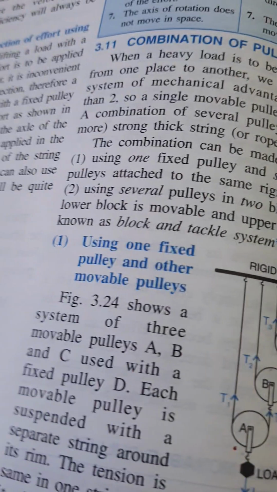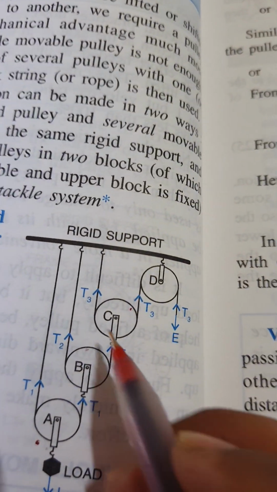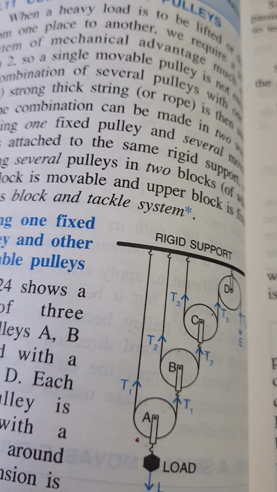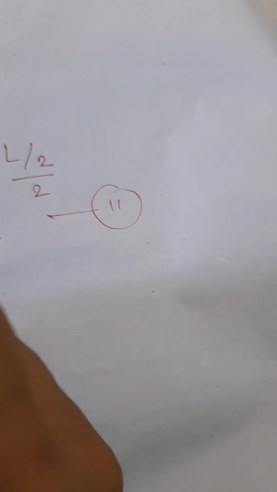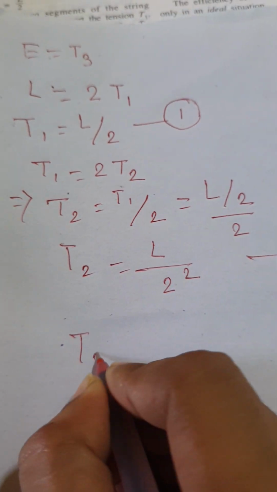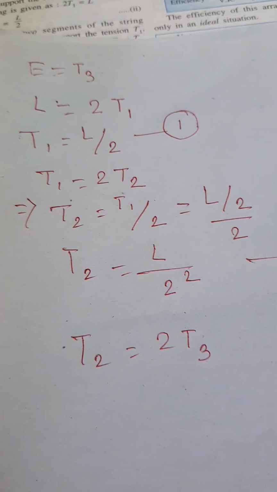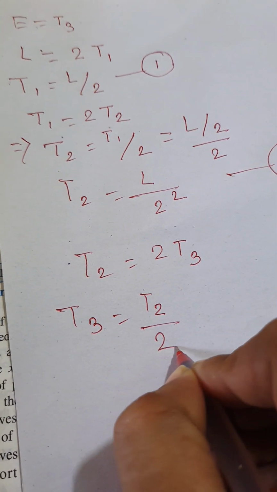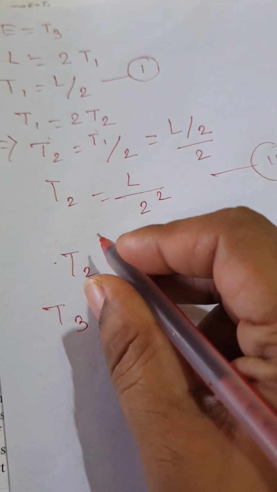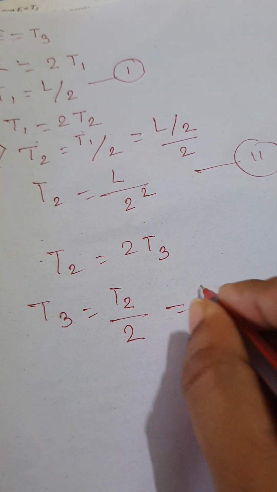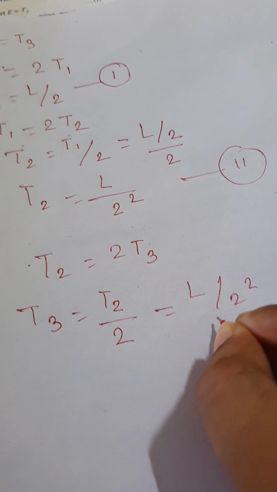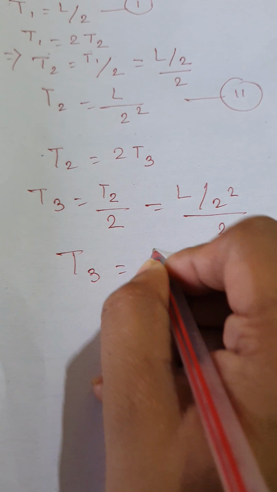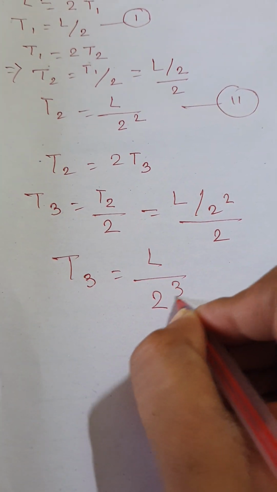Understood? After that you see T2 and T3: T2 is equal to 2T3, so T3 is equal to T2 by 2. From equation number 2 we got the T2 value, L by 2 square divided by 2, so T3 is equal to L by 2 to the power 3.